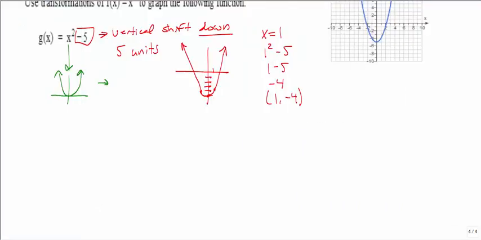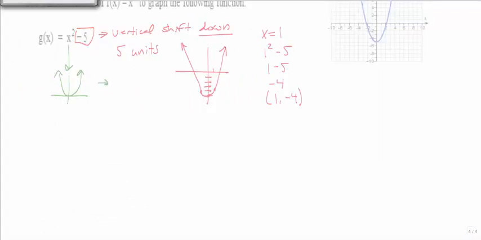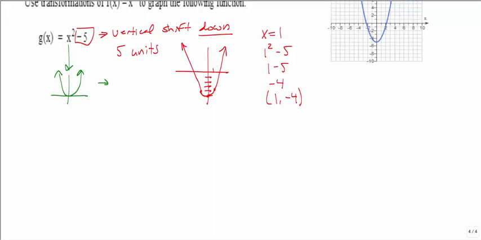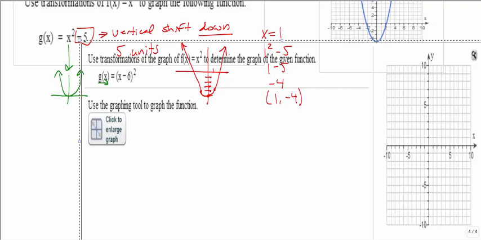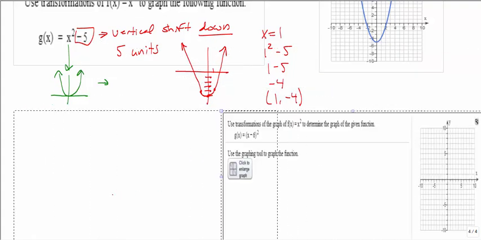So for this next one, they want us to take our parent graph of f of x equals x squared, and they want us to graph g of x equals (x minus 6) quantity squared. So when we look at this, we should be able to glance at these, and then from the glance that we give them, decide what the transformation is, and then graph based on that transformation.